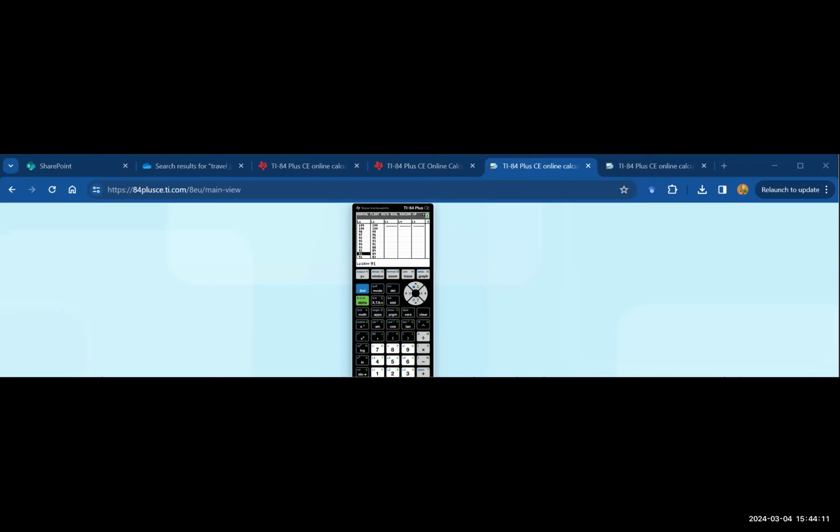Terms that you might want to use are skewed to the left, which means the tail is on the left, skewed to the right, which means the actually taller bars are on the left, or they may be symmetric where there are tall bars in the middle and then the lower bars are towards the ends. And you should be able to use that data. I already told you how to find the median.